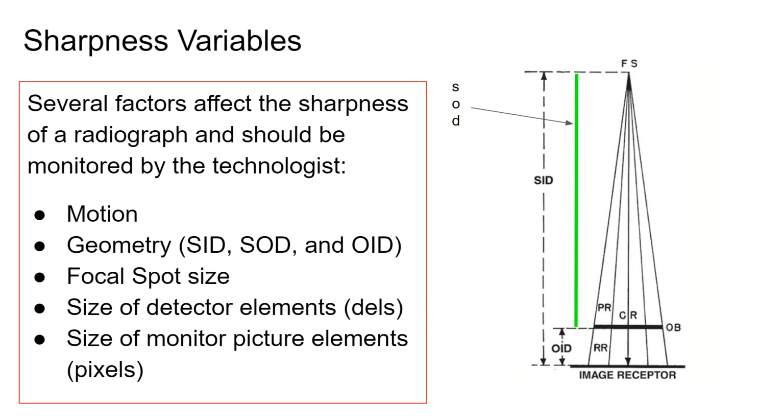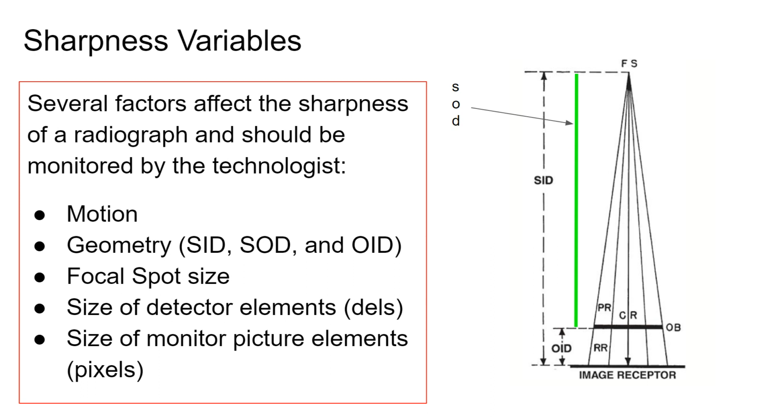So sharpness can change based on motion. Obviously, you get blur. It's sometimes known as false images that overlap on each other and end up looking blurry. Sharpness, as we have done in the lab, will be affected by what we call the geometry of the beam, so things like SID, SOD, and OID.